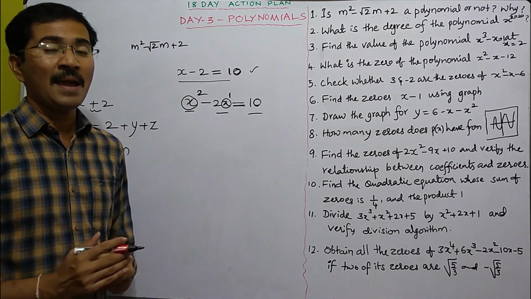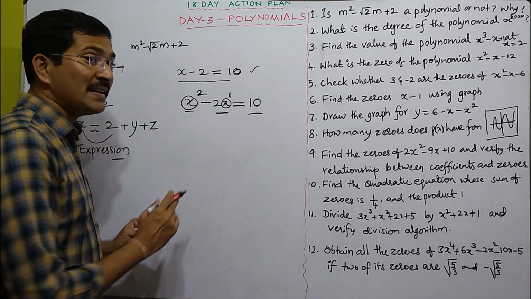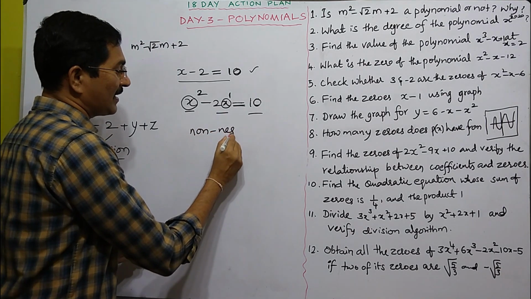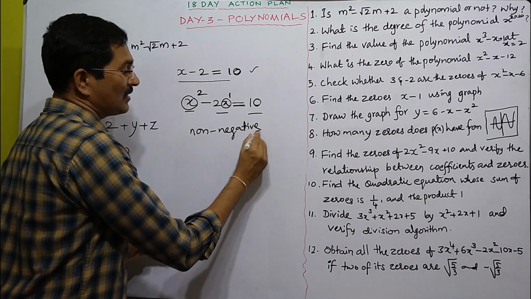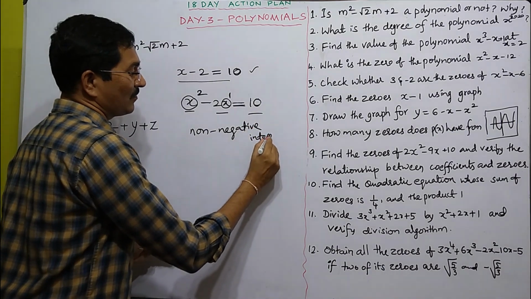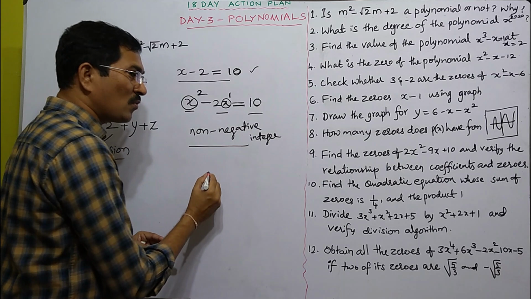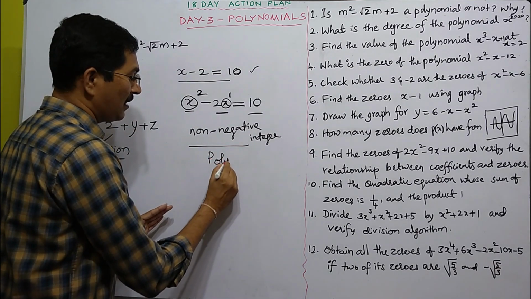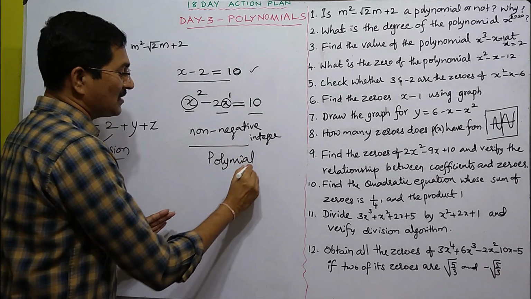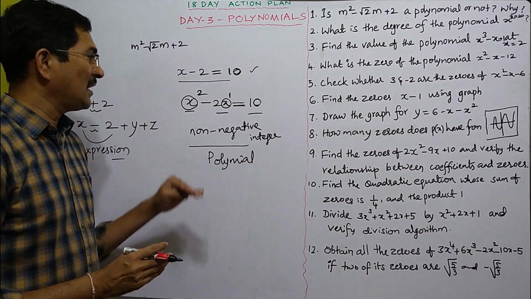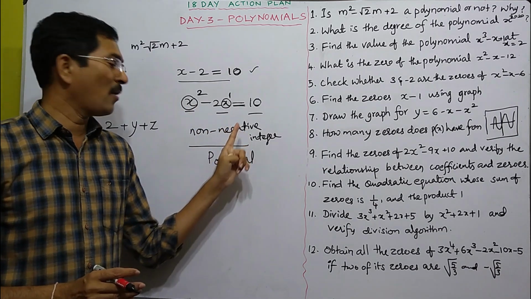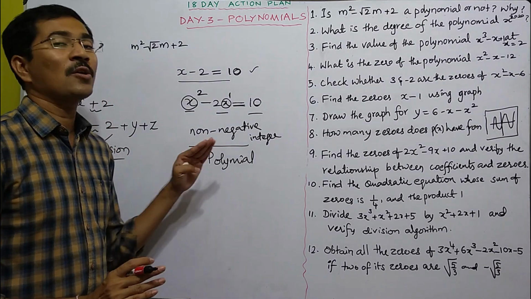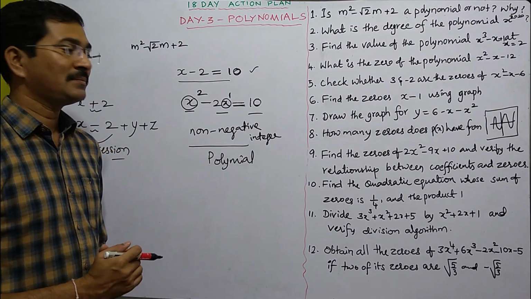If the powers happen to be non-negative integers, then that equation or expression or term, we call it a polynomial. An expression or a term or an equation in which all the variables have non-negative integers as their powers, we call it a polynomial.